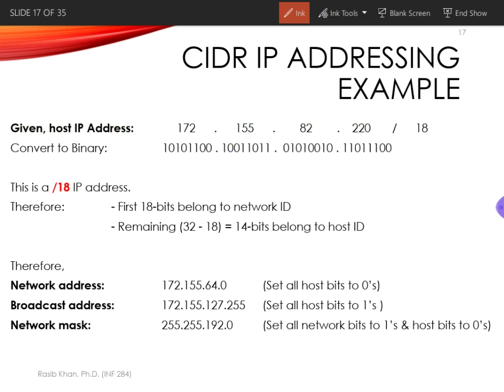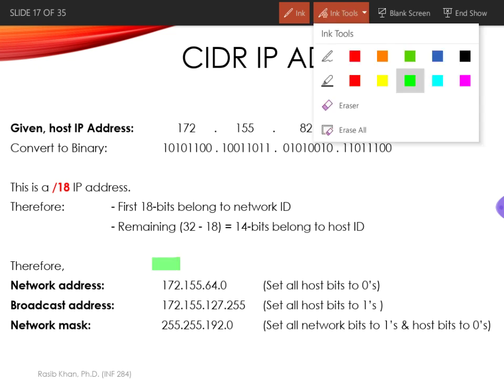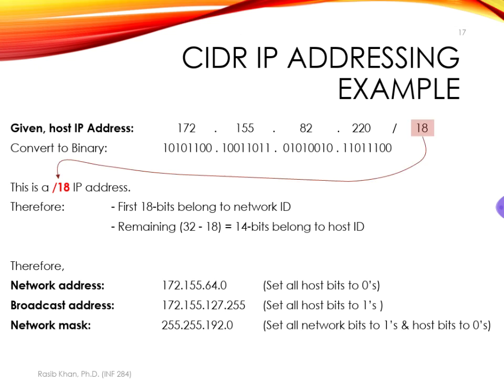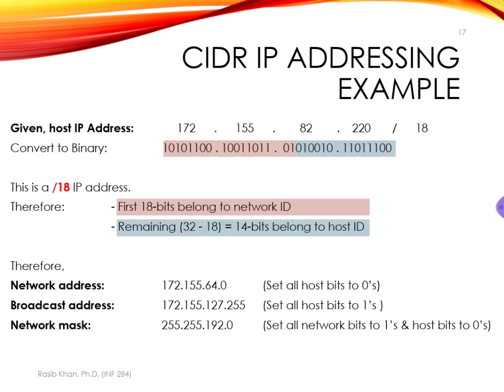Once we are done with this, the first thing we now know is that this is a /18 IP address, which means that the first 18 bits from the left will be part of the network ID, and the remaining 32 minus 18, which is 14, so 14 bits will now belong to the host ID.